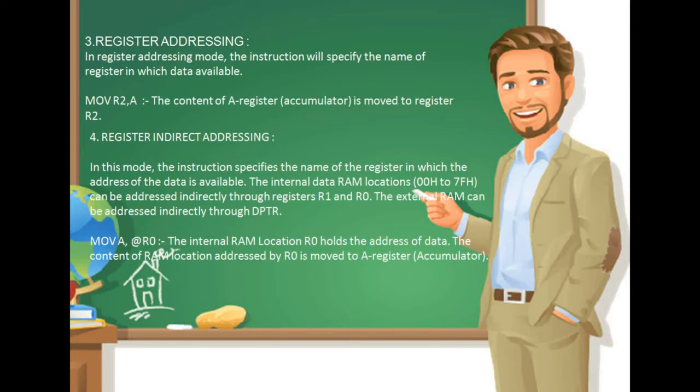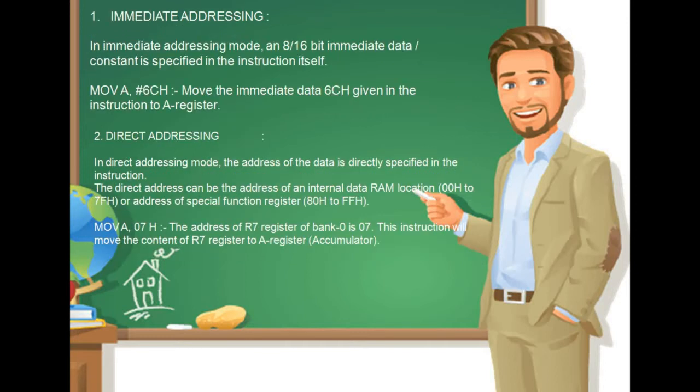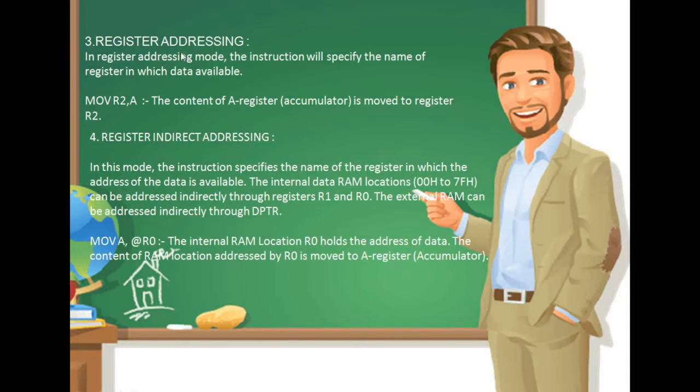So coming to the next one, register addressing mode. Previously we discussed direct addressing mode, where the address of the register is given directly. Here, in this addressing mode, the instruction will specify just the name of the register in which data is available.